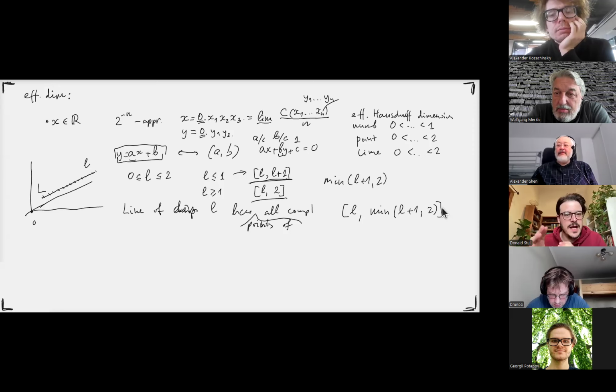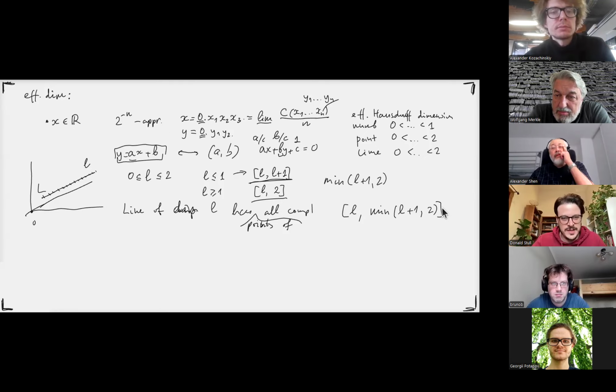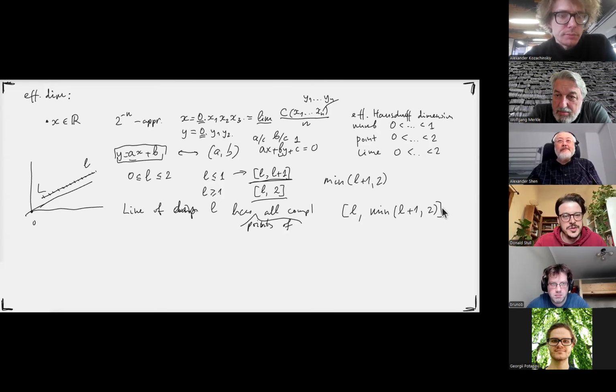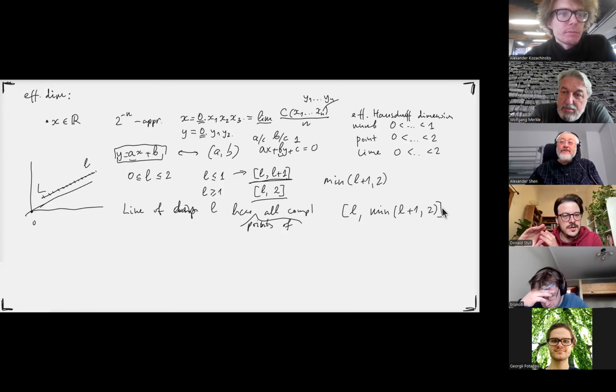We fix a line and we look at all the possible values of the dimensions of the points on this line, and we want to know what this set is. On the higher end, looking at basically the interval that Sasha drew, this is known completely. We know that the dimension spectrum contains an interval of length 1 for every line.